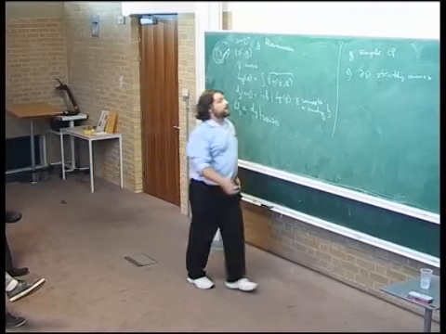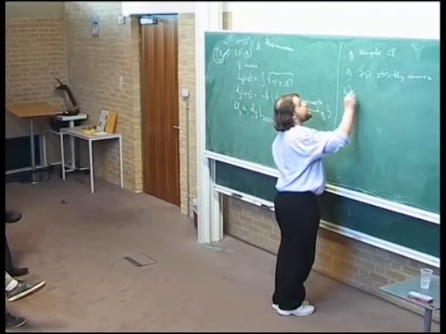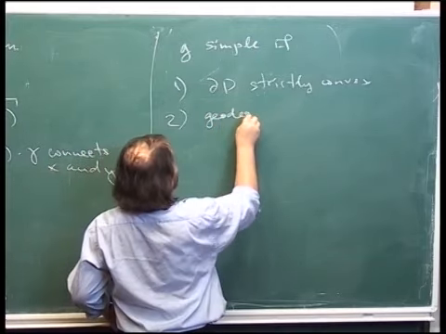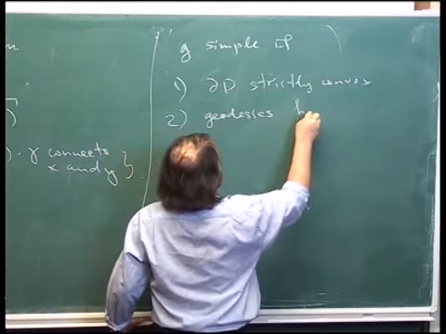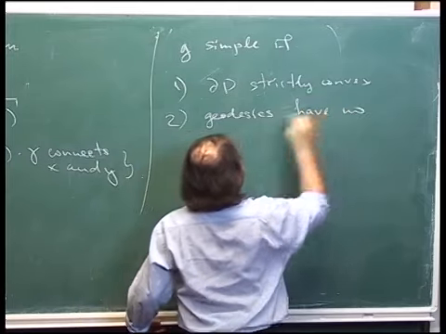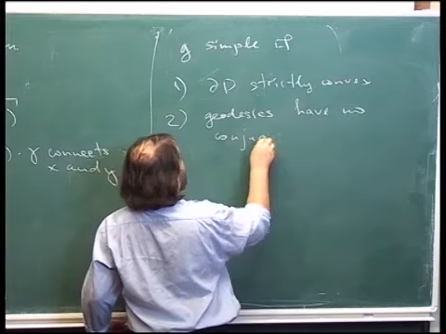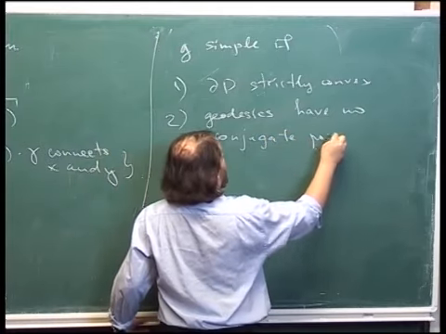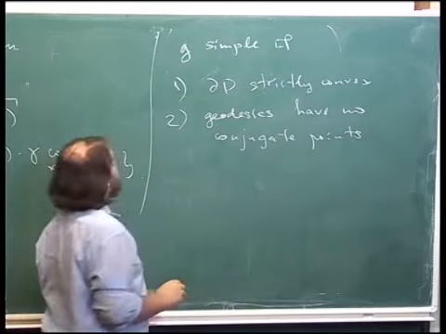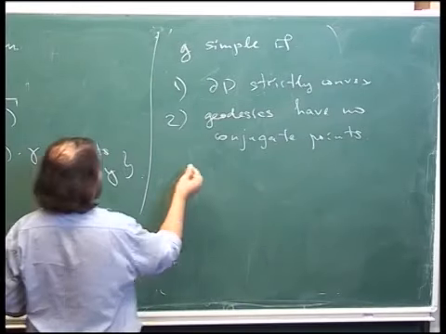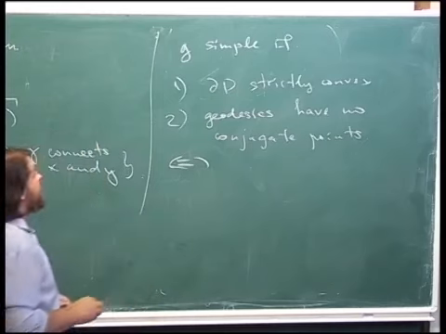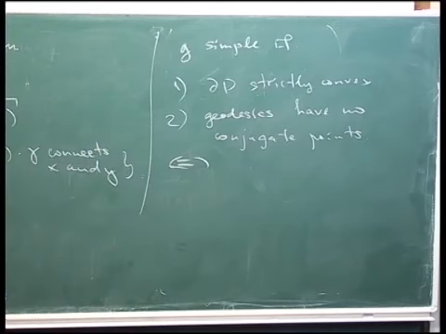And the second requirement for a simple metric is that geodesics have no conjugate points. This is equivalent to saying that every two points are connected by a unique geodesic.